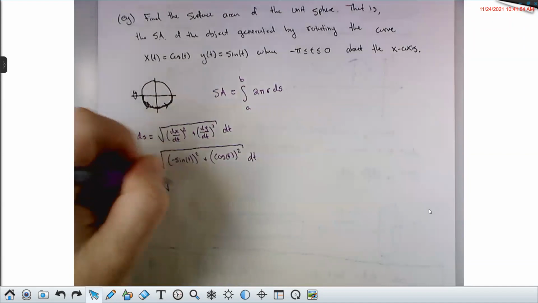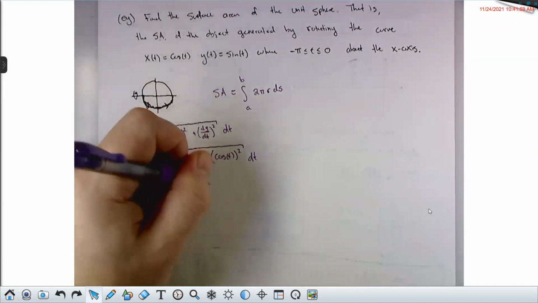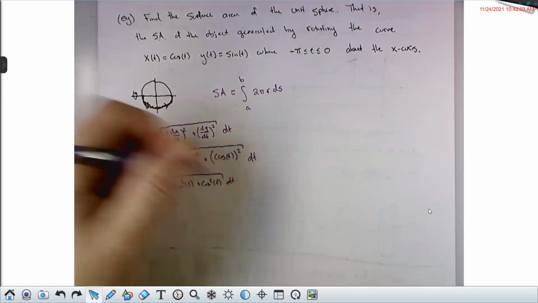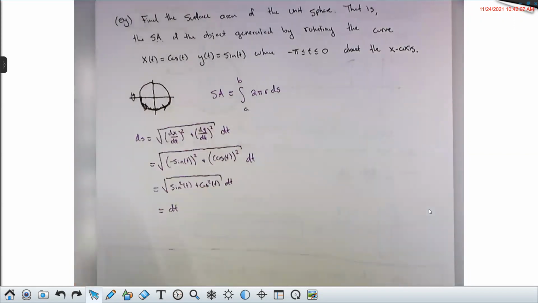And that's the square root of sine squared plus cos squared, dt, which is just the square root of 1 dt. So this is just dt itself.